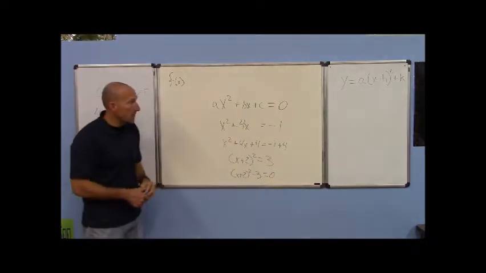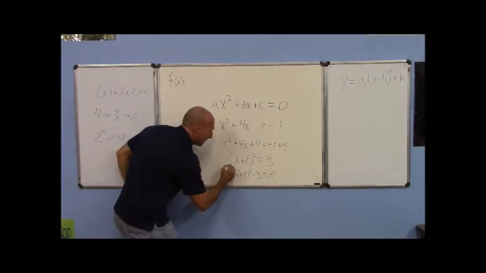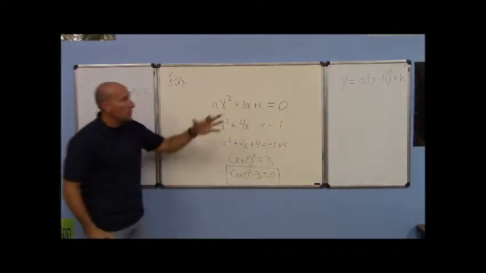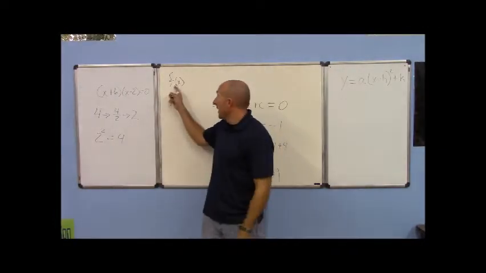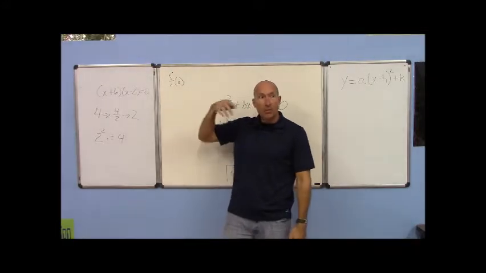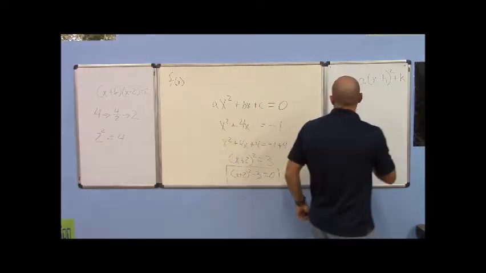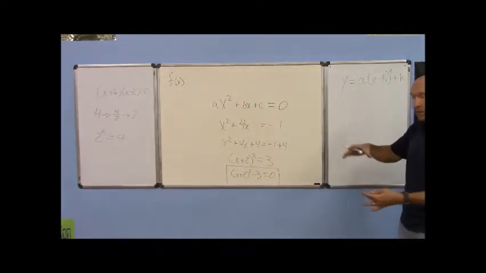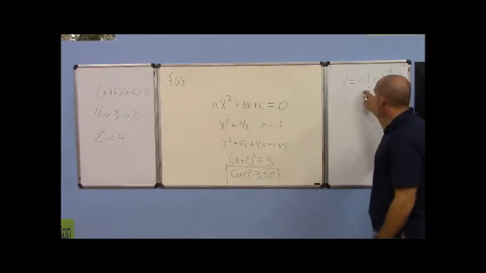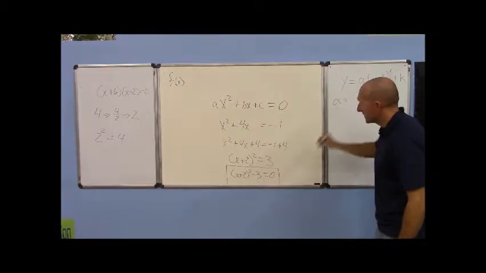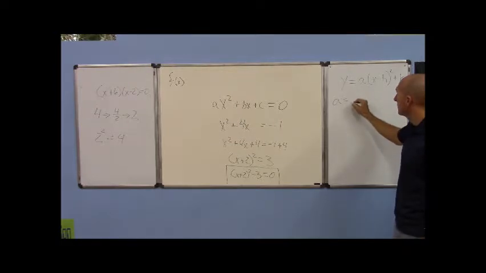So let's identify what our values for each of these are. y is going to be our function. Remember, whenever we have a function of something, we can take that out and put y in its place, and we're solving for y. Okay? So, since we're talking about functions, this is why we're doing this. So y equals, now a in this situation is going to be 1, because there's an understood 1 out in front of this. Okay?